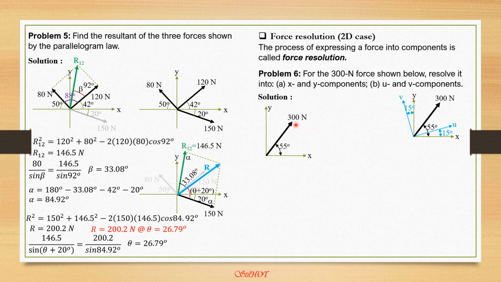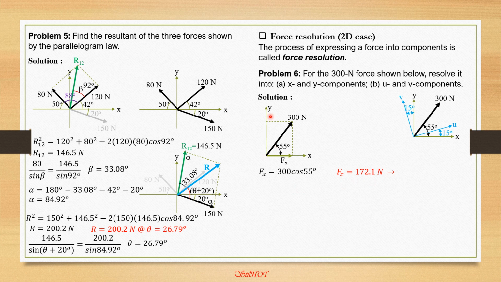So from this 300 Newton force, which makes 55 degrees with respect to the x and y components, we draw horizontal and vertical lines because x and y are perpendicular to each other. So this is Fx. Fx is equal to 300, the hypotenuse, times cosine of 55 degrees. So Fx is 172.1 newtons, and that is rightward.